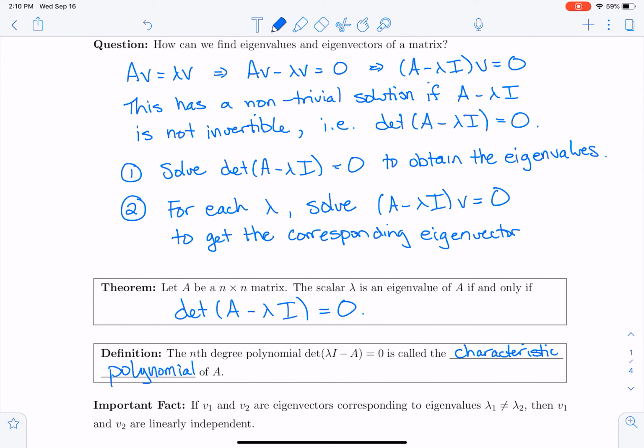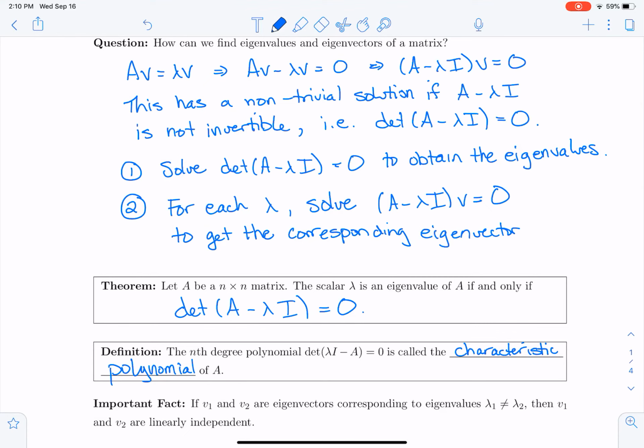And an important fact that we should note is that if V1 and V2 are eigenvectors corresponding to the eigenvalues lambda 1 and lambda 2, and lambda 1 and lambda 2 are not equal to each other, then V1 and V2 must necessarily be linearly independent. And this is the kind of theorem that you're often asked to prove in linear algebra.